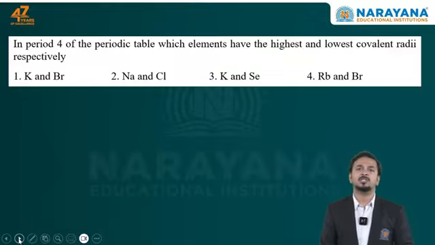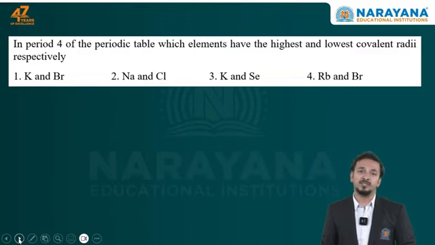The next question is from the periodicity chapter, and we can say it is a slightly direct question. The question says, in period 4 of the periodic table, which elements have the highest and lowest covalent radii respectively? We know that as we move from left to right, the covalent radii decreases.